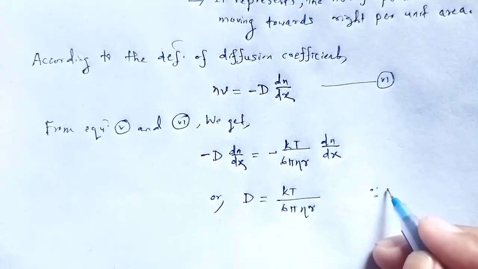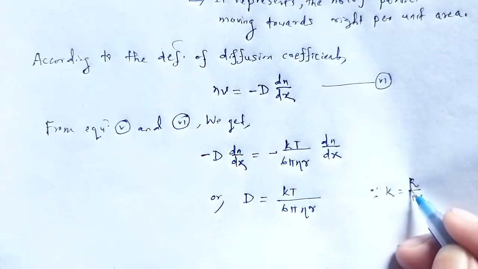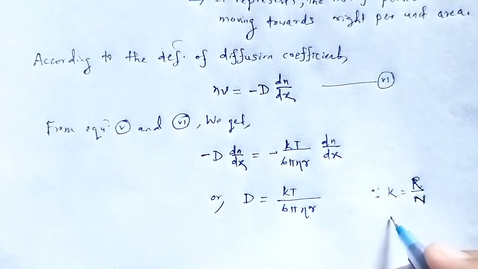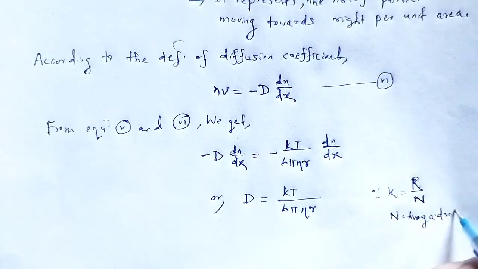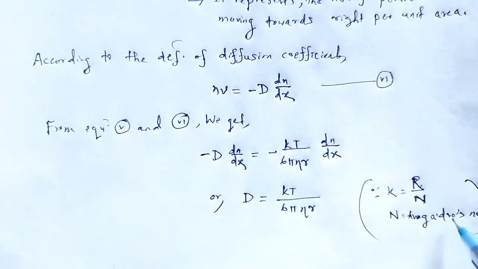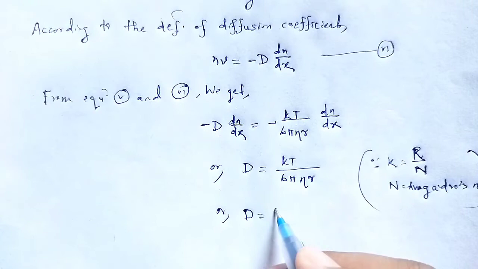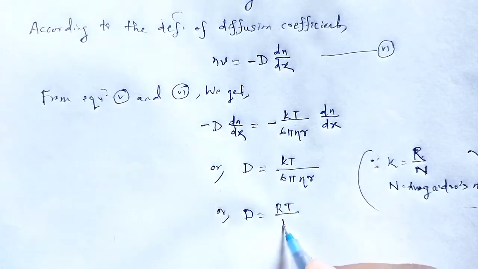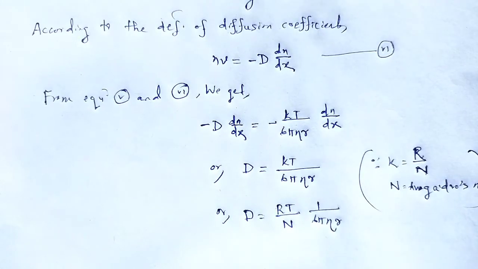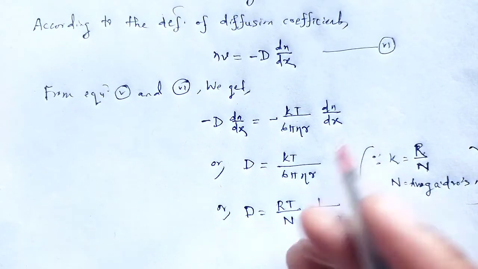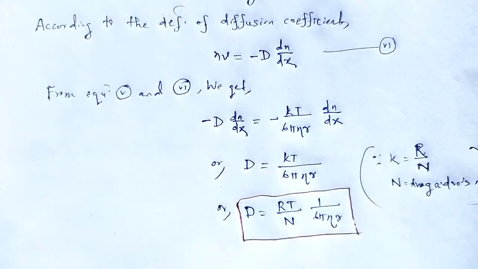As you know, the Boltzmann constant is the ratio of R divided by N, R being the gas constant, N being Avogadro's number. So the equation is further written as D is equal to RT by N times 1 by 6 pi eta r, that is the diffusion coefficient.